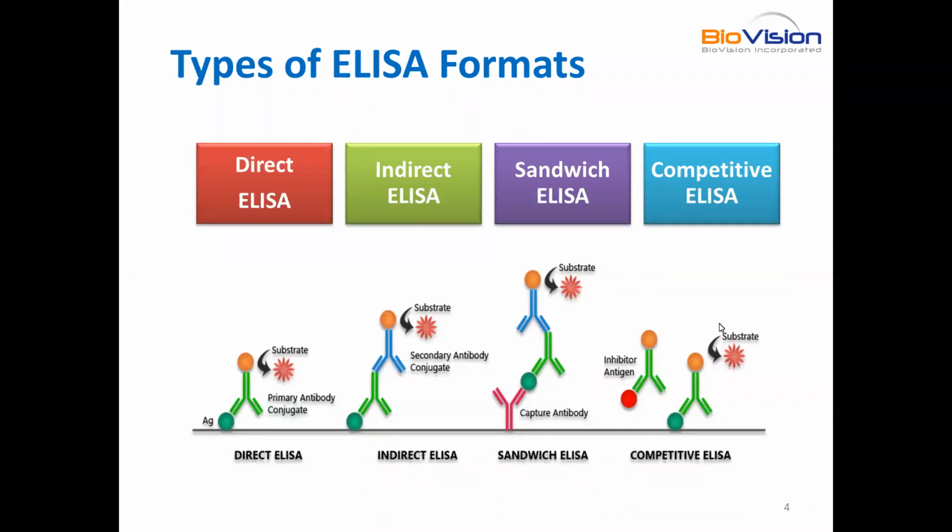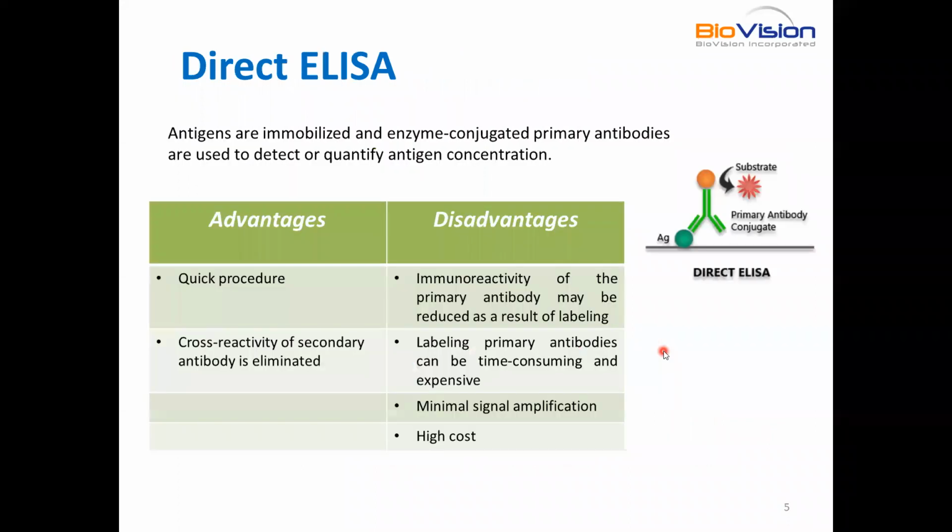So let's start with direct ELISA. Direct ELISA is based on the following principle. The antigens are immobilized on the surface, and the enzyme conjugated primary antibody is used to detect or quantify the antigen concentration.